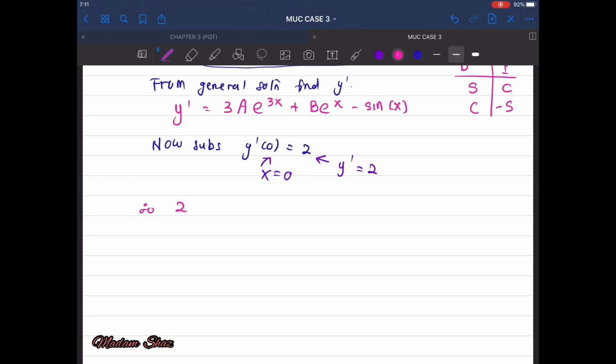So therefore y prime will become 2 is equal to 3A exponent 3 multiply 0, plus B exponent 0 minus sine of 0. So simplify, exponent 0 becomes 1, exponent 0 becomes 1, sine of 0 equal to 0. 2 is equal to 3A plus B. So this is our second equation.